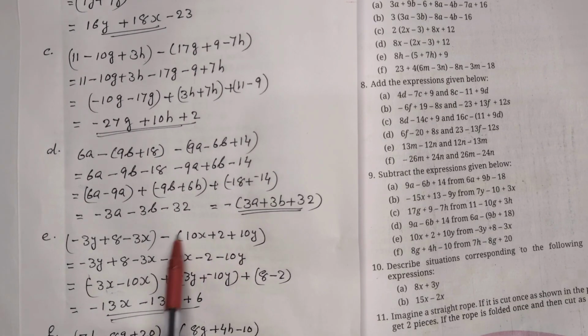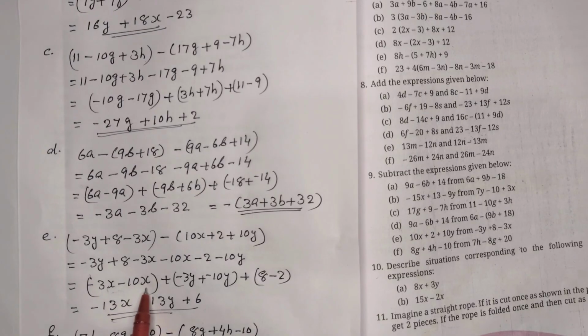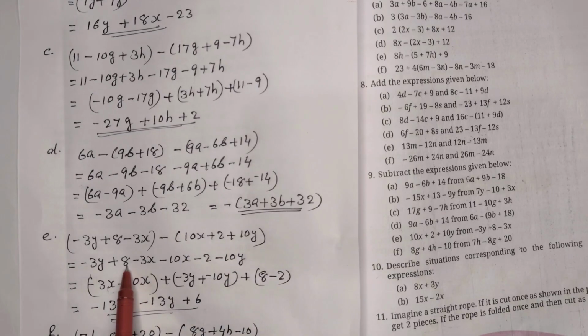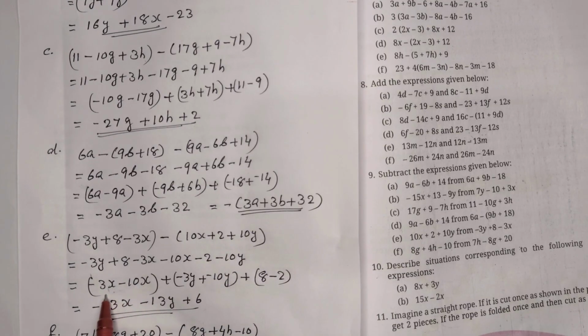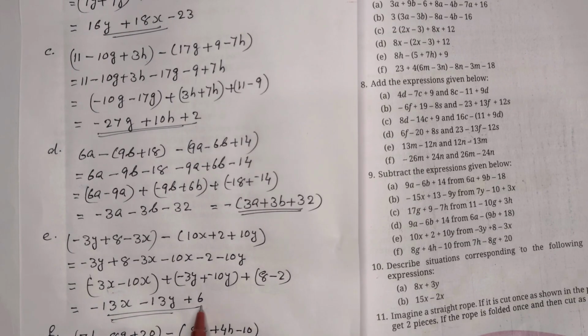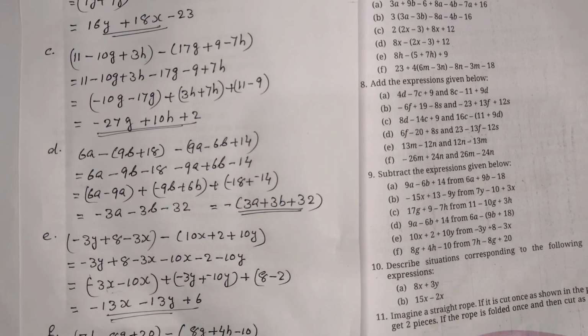Minus 10x minus 2 minus 10y. Like terms together: minus 3x and minus 10x, minus 3y and minus 10y. Then 8 minus 2. Minus 3 plus minus 10, it will come minus 13. Both the numbers are negative. Here also minus 13y. Then 8 minus 2, 6.